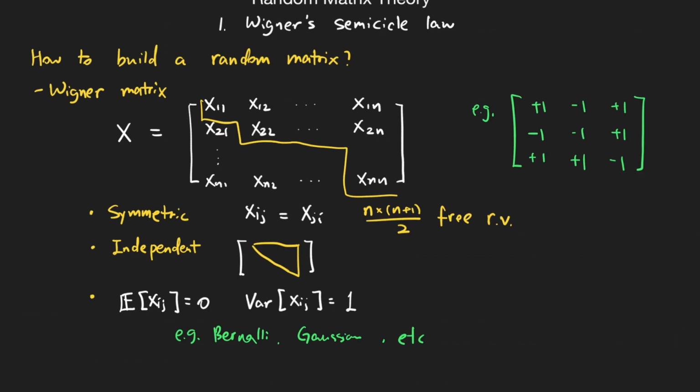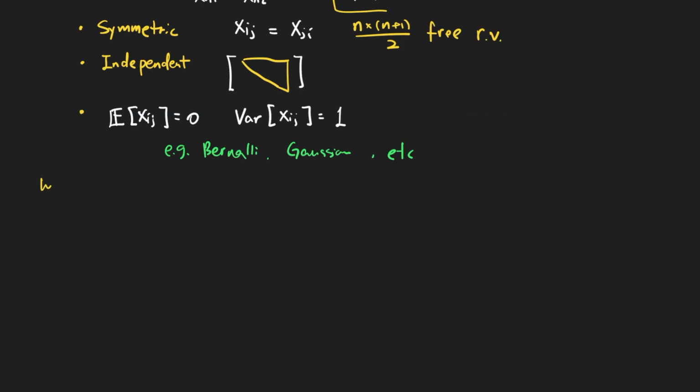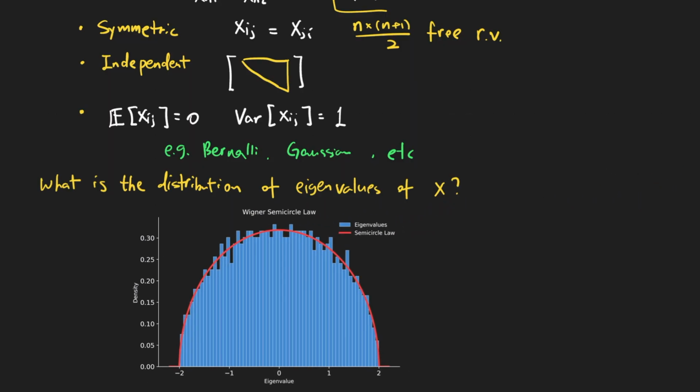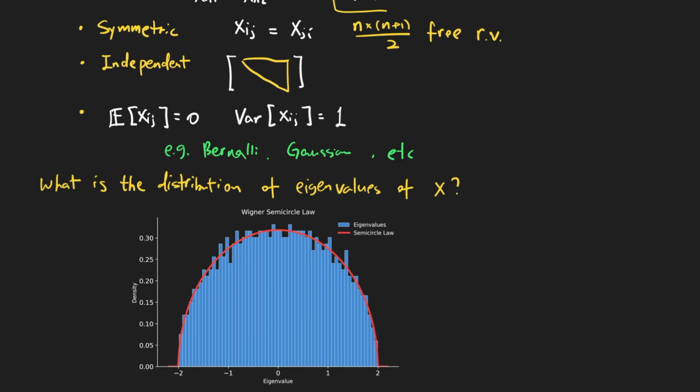Okay, so let me just grab the picture. So this is the distribution of the eigenvalues for the Wigner matrix. I chose n equals 1000 here, I think.